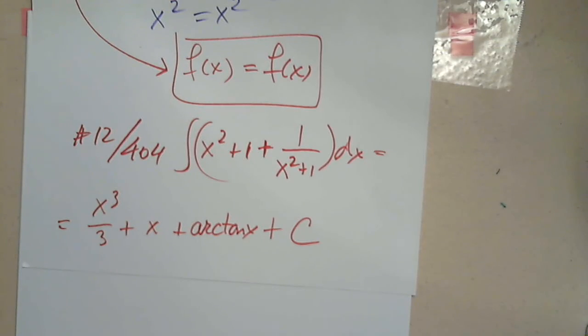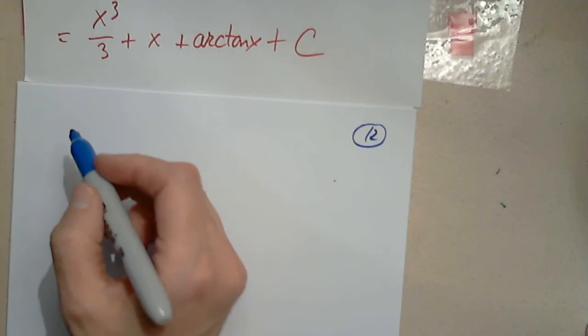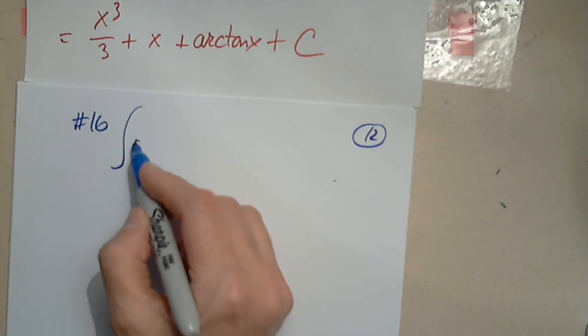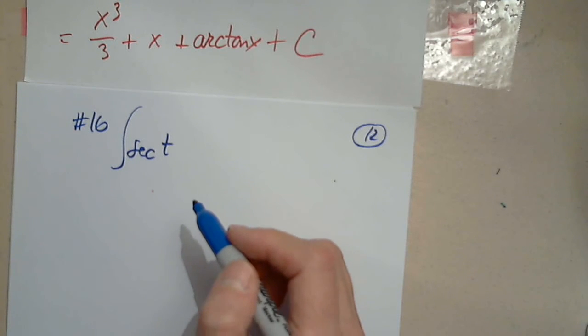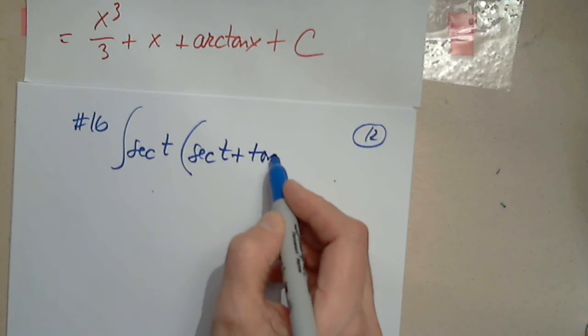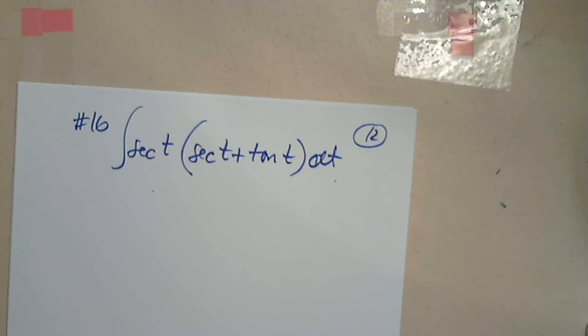Let's look at 16. We have the integral of secant t times the quantity secant t plus tangent t, dt. Well, we don't know how to differentiate a product like that, so I would have to distribute.